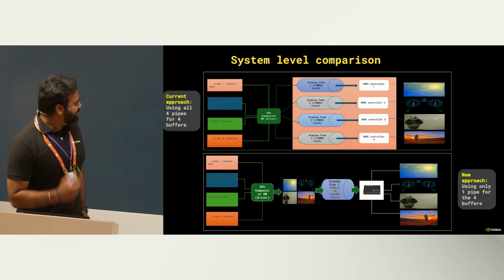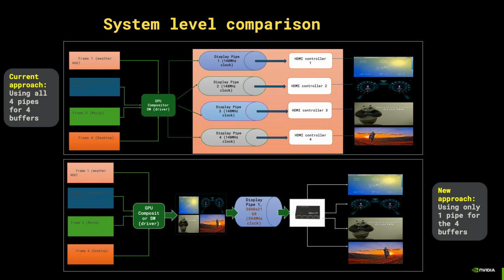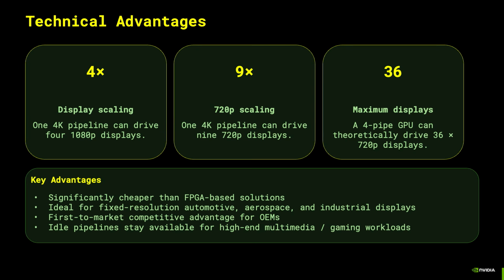So this is a neck-to-neck comparison of what we were doing earlier versus what we are doing now. Earlier, 4 frames were going to 4 different display pipelines, driving 4 displays. But now, with a superbuffer, we are driving only 1 pipe, and with a splitter, we are splitting it. So we can drive 4 into 4, 16, or more than that.